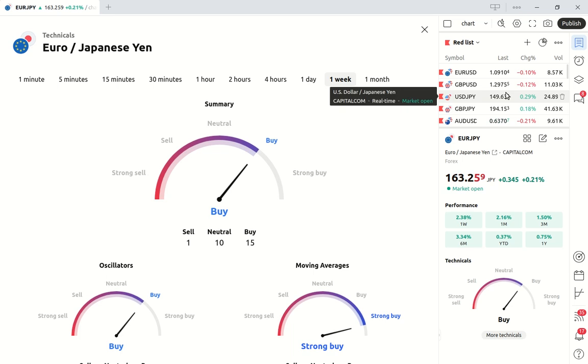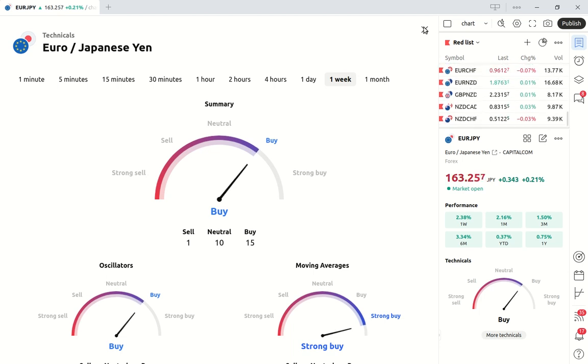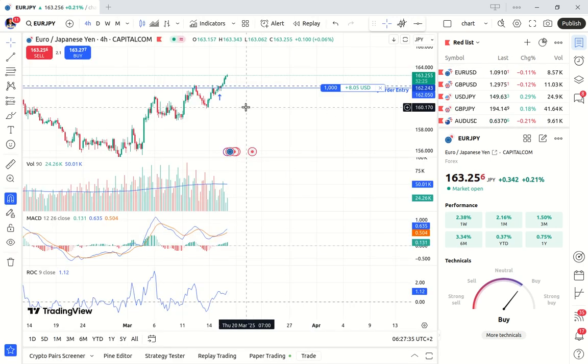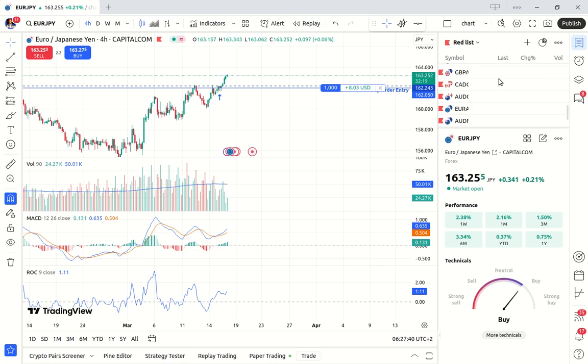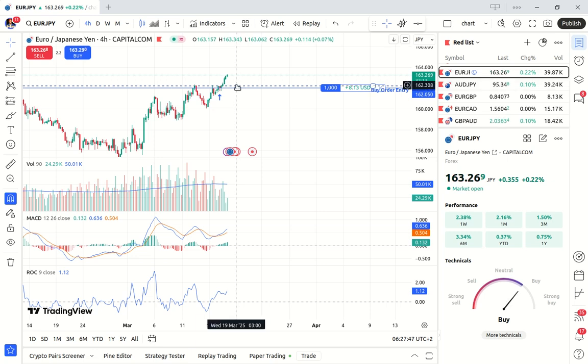So what does this mean? Basically, this currency pair here is still in a very good buying position.